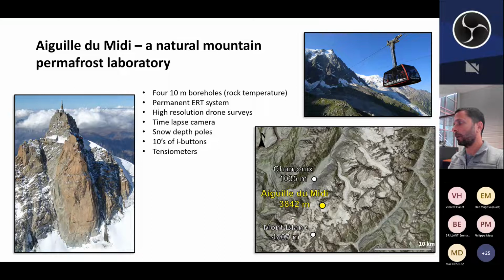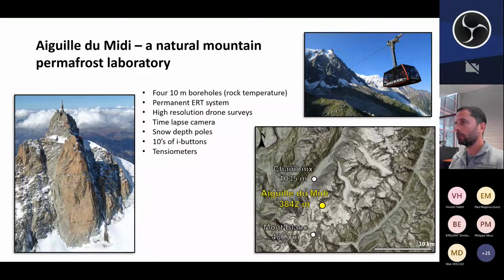There's a cable car going there with tourists and alpinists going there every day, and so we can easily access it. There's electricity, there's network, and I've listed here a lot of sensors that we are using there. We have boreholes to measure rock temperature profiles, and we have electrical resistivity tomography that can give us information from within the rock.